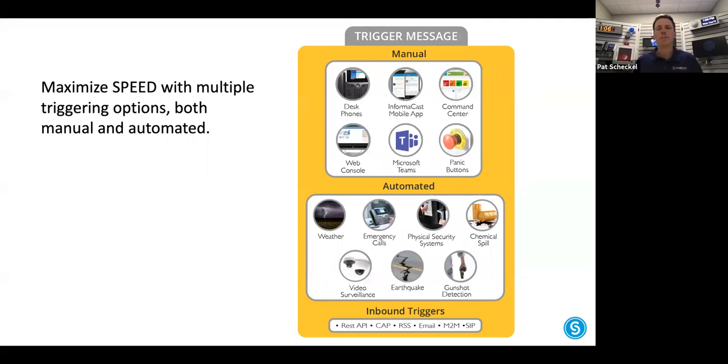So you think about how you can tie into a national weather service, for example. You can tie into a physical security system. You can tie into early earthquake warning or gunshot detection or things like that. So an event happens in your environment, and you don't have to have any human interaction in order to trigger an alert. That's one thing, of course, that can help with speed.